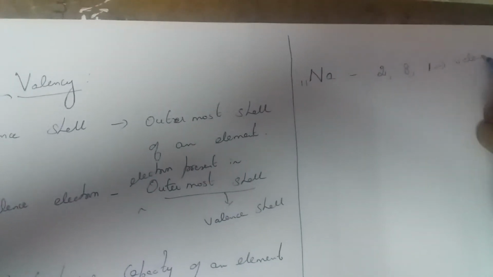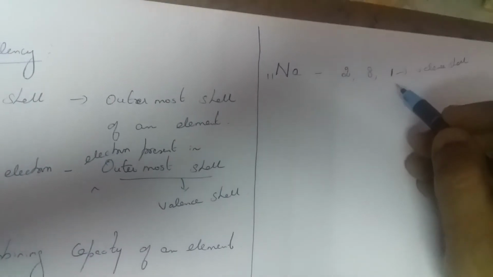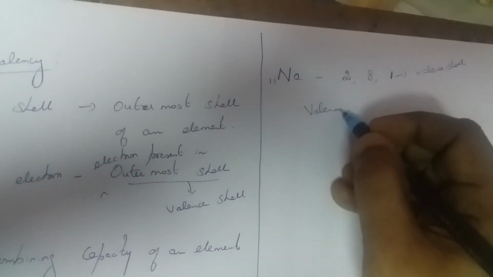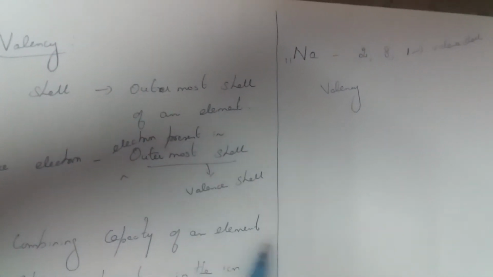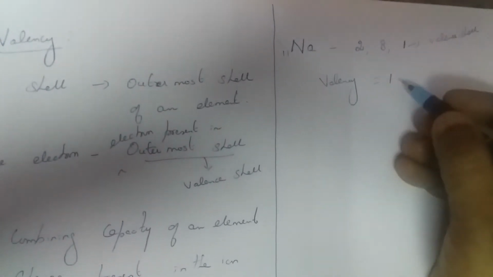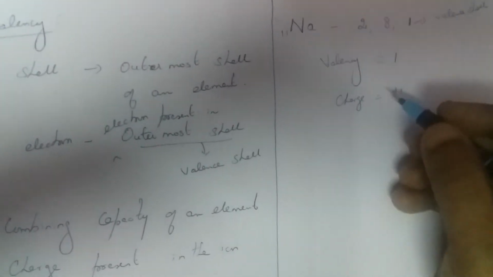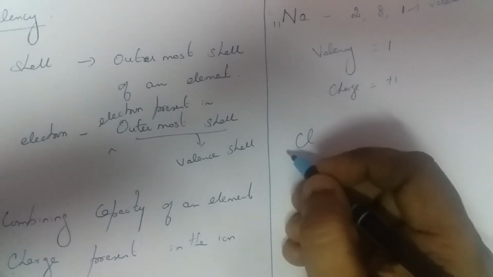How many electrons are present in the valence shell? Only one electron. Therefore, the valence C is 1. The charge is plus 1.